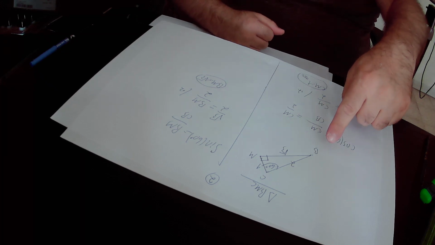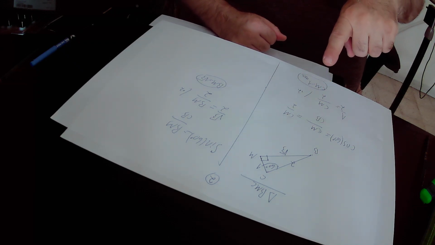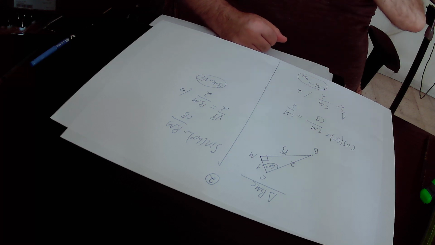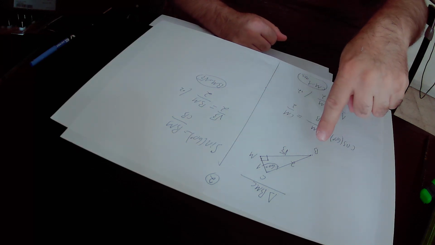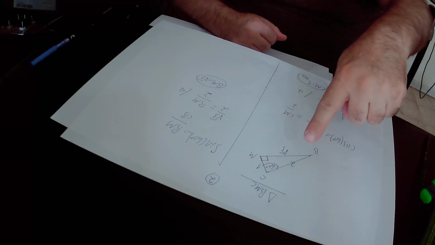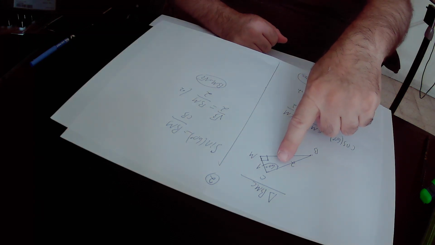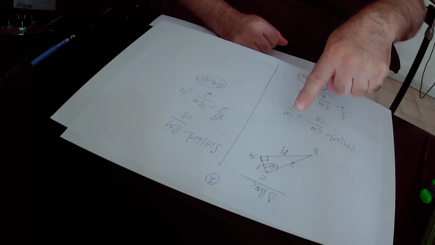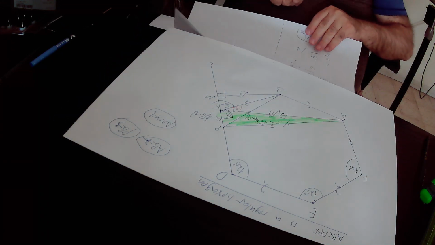BC equals 2 units because it is one side of the regular hexagon, and all the sides of any regular hexagon are equal to each other, and one side equals 2 units, therefore BC equals 2 units. According to rule number 1, this angle equals 60 degrees, and this angle equals 90 degrees according to our construction.